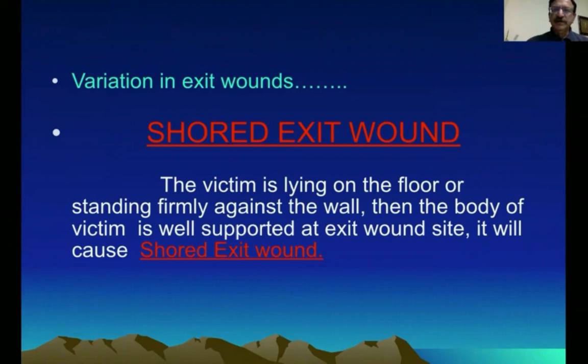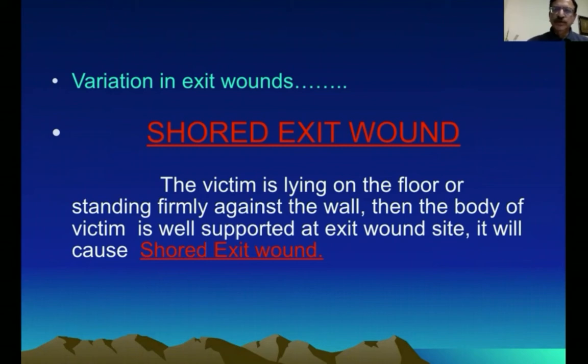It will cause a shored exit wound, because at the exit side the body is in touch with and supported by the hard surface of the floor or the wall. The bullet will strike the floor or the wall, recoil back, again move forward, and repeated to-and-fro movements will shore the margin. The margin of the exit wound will be shored.